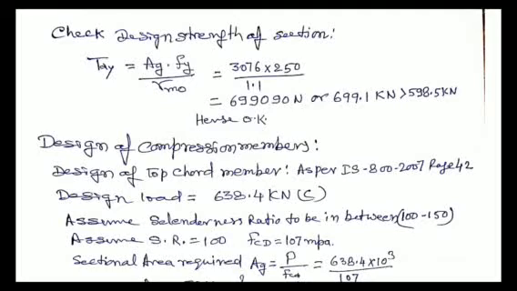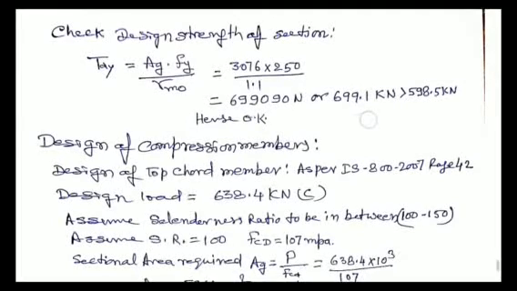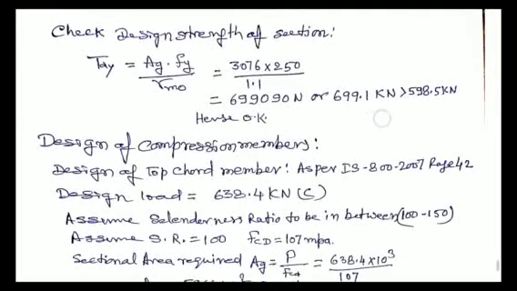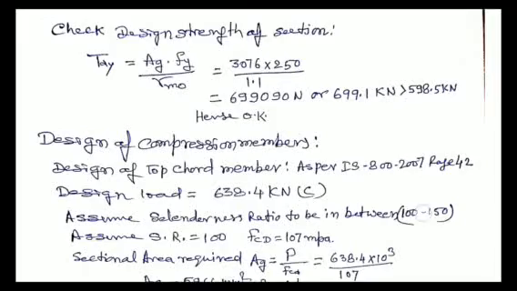So this design strength comes out to be 699.1 kilonewton, which is greater than 598.5 kilonewton. We have designed for this force, but the strength of the provided section comes out to be 699.1 kilonewton. Hence the design is okay.